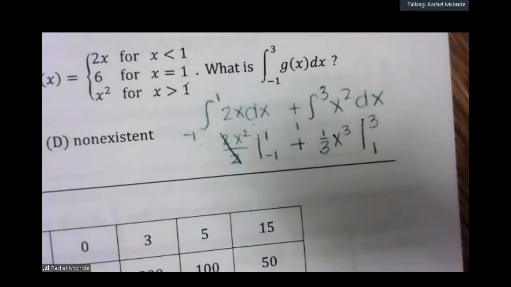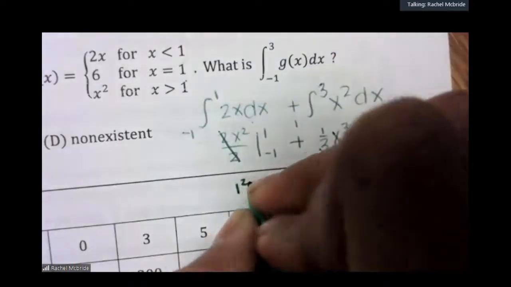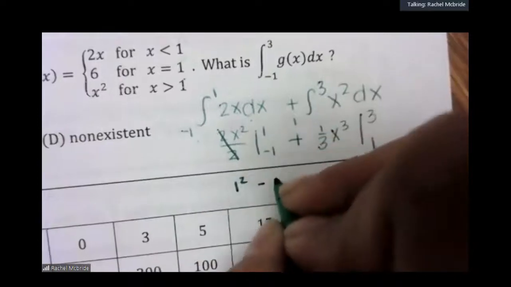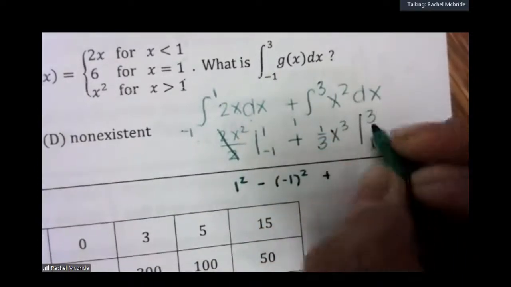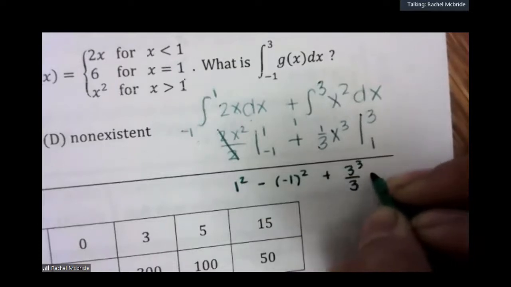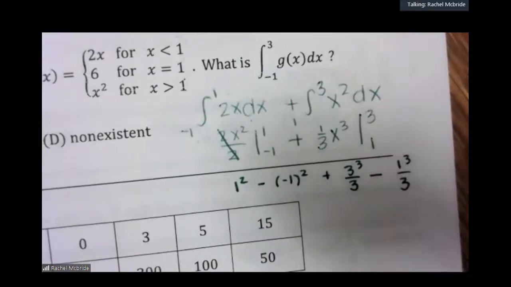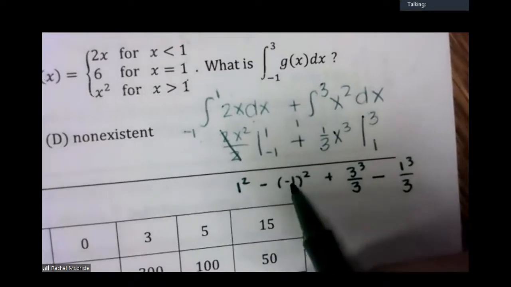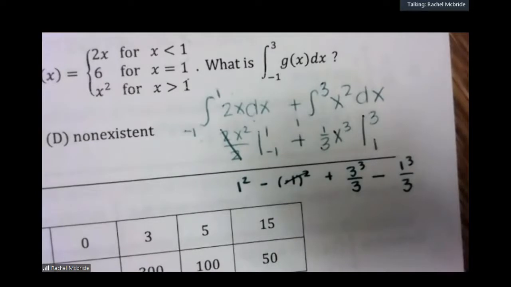And then at this point, I'm going to plug in my bounds. So 1 goes in for x squared minus -1 squared, plus 3 cubed over 3 minus 1 cubed over 3. So here, -1 squared would become +1.